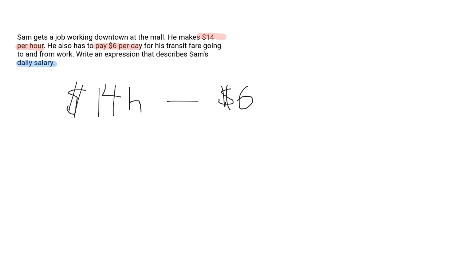Let's plug a random number in here. Let's say he works an 8-hour shift. So let's say he's going to, in an 8-hour shift, make $14 times 8, subtract $6.